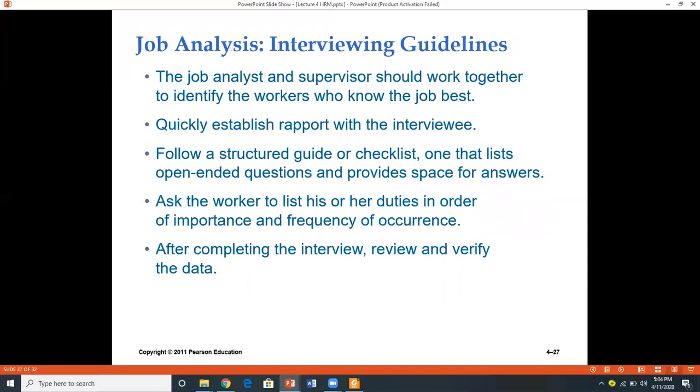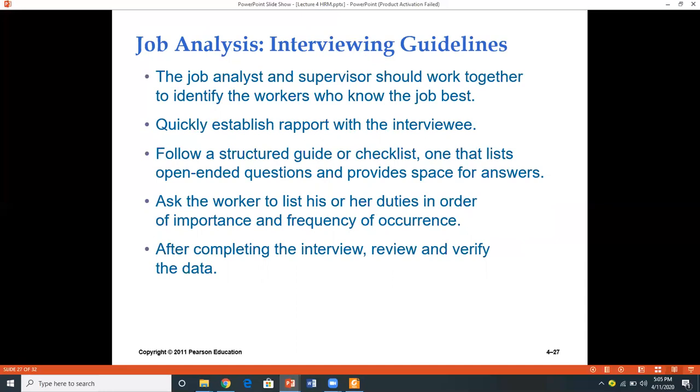Job analysis interviewing guidelines. The job analyst and the supervisor should work together to identify the workers who know the job best. Quickly establish rapport with the interviewee.